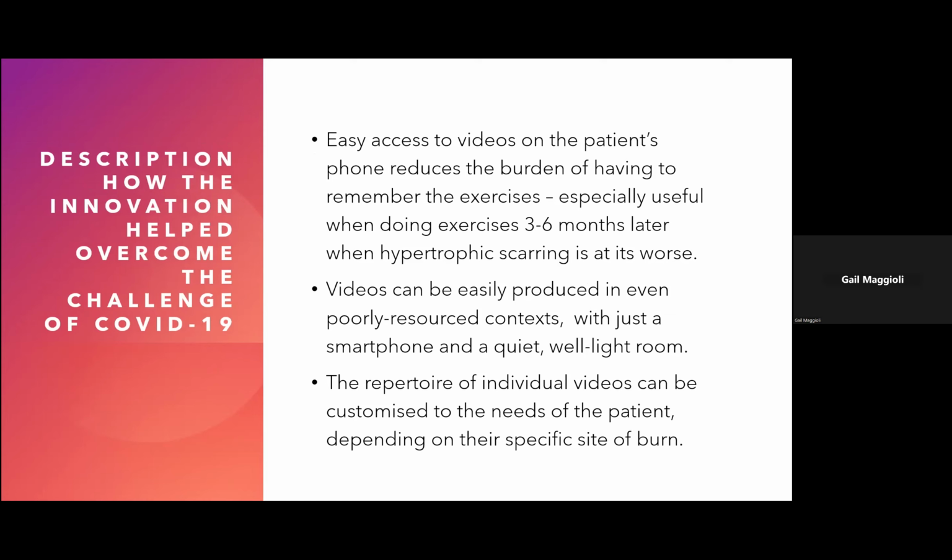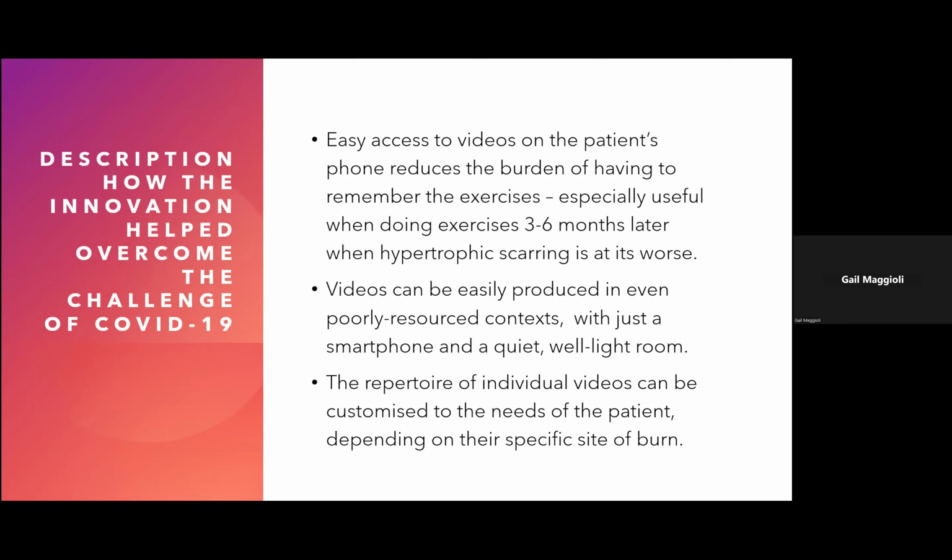especially when they have to do these exercises even 3 to 6 months later, when hypertrophic scarring is at its worst. So what we would often find is that their range of movement would improve significantly during their stay at hospital. And by the time they get discharged, they're able to have full range of movement.